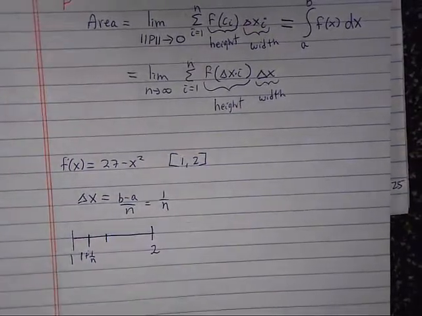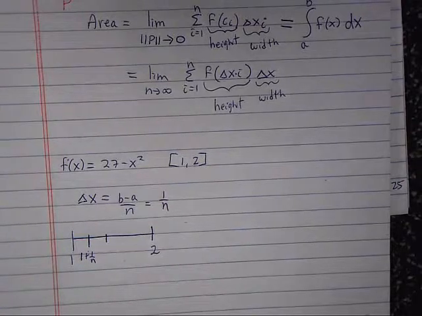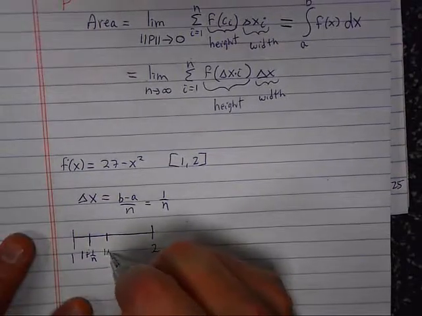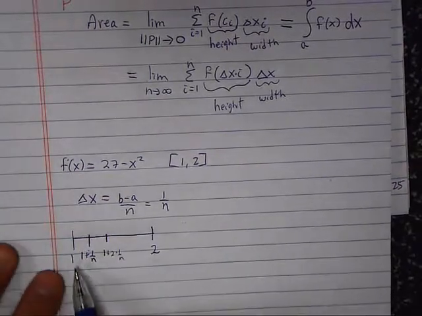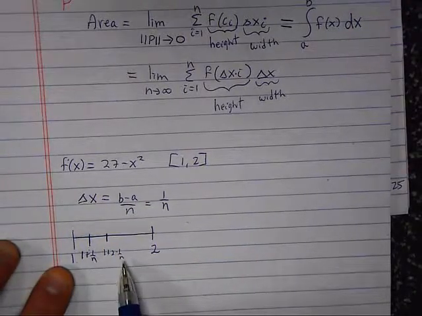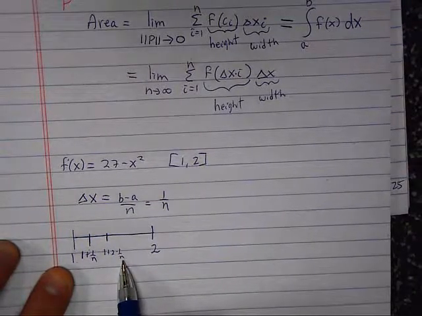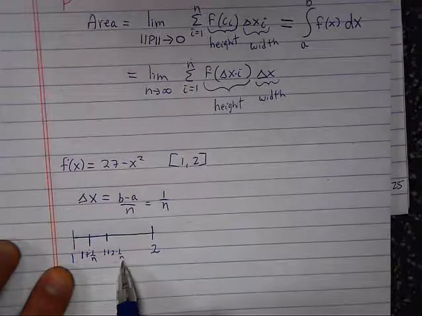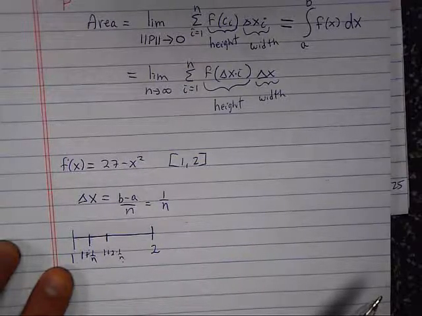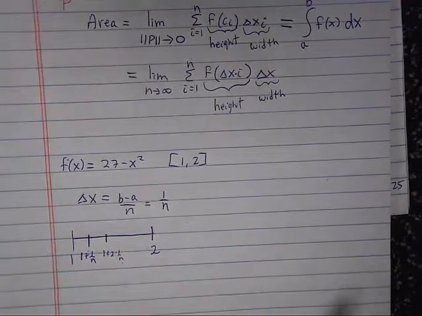Where's my second rectangle going to end? Nope, you added the wrong one. It would be 1 plus 2 times 1 over n. Because I would start at 1, I would move over 1 over n once, and then I would move over 1 over n again. Where's my third rectangle going to end? 1 plus 3 times 1 over n.